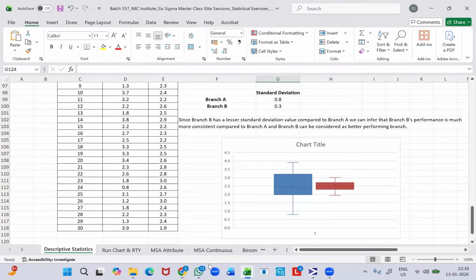These 30 sample units will be a proper mix of both defective as well as non-defective samples. We will engage a minimum of 2 auditors or 2 quality inspectors, and each auditor will be provided with a couple of trials. These are the minimum numbers that we need to consider for performing the exercise.